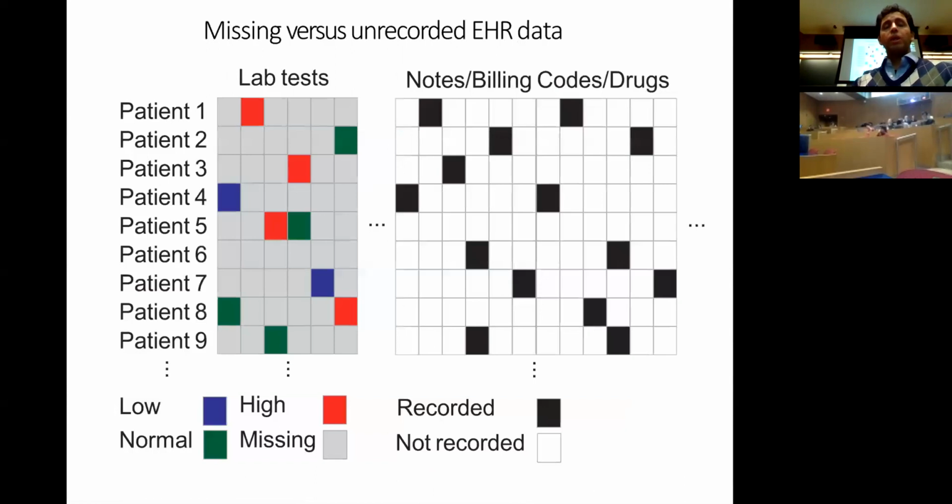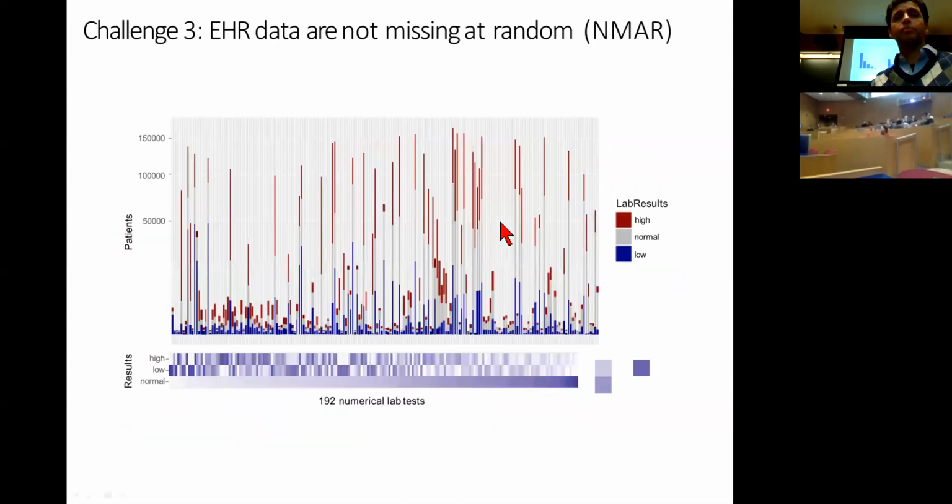And then challenge number 3 is that missing data is extremely biased. So basically, if you look at the fraction of individuals for which the particular variable was measured, for example, whether the lab result was taken, you see that, so these are different lab tests, 192 lab tests.